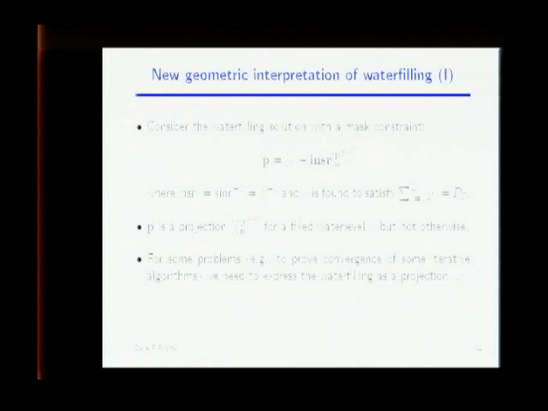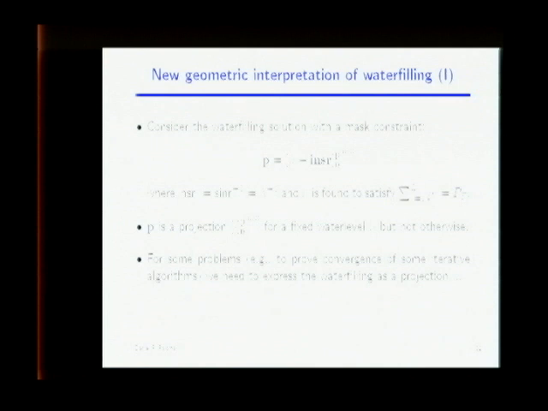So if you look at this, it is actually a projection. You project one number onto that interval, right? However, this is not really a projection, because it is a projection only if you know the mu. But we don't know the mu yet. We need to find the mu.